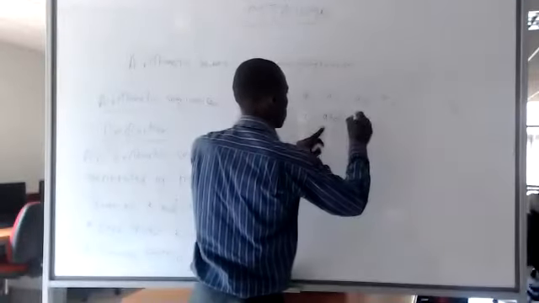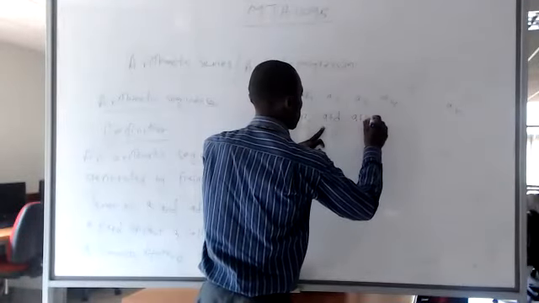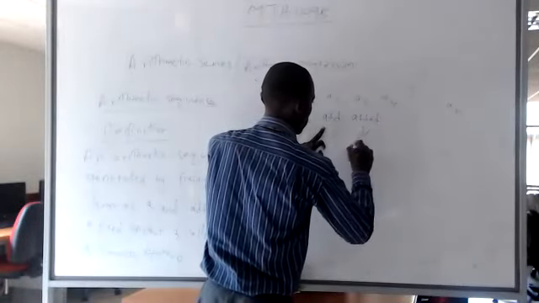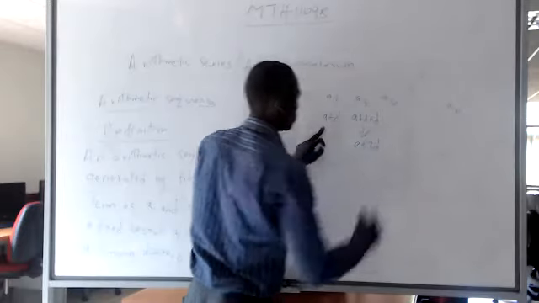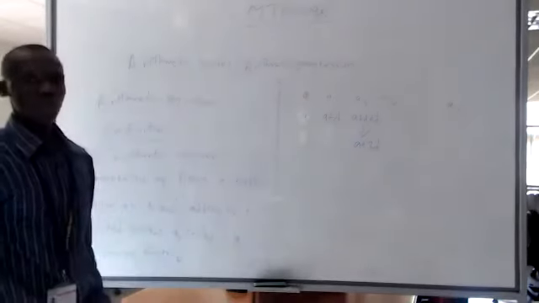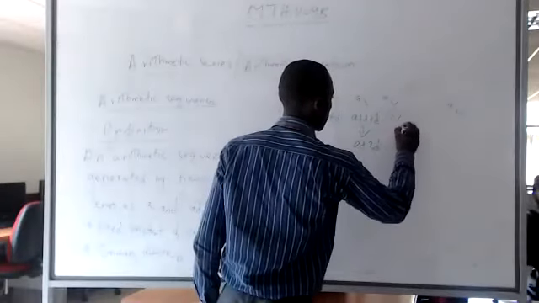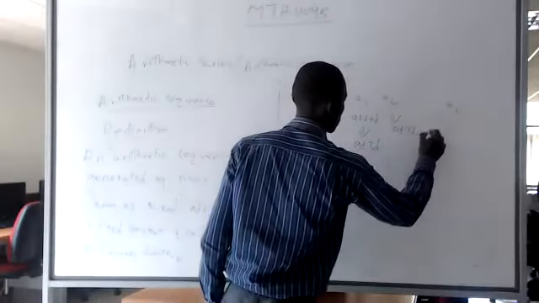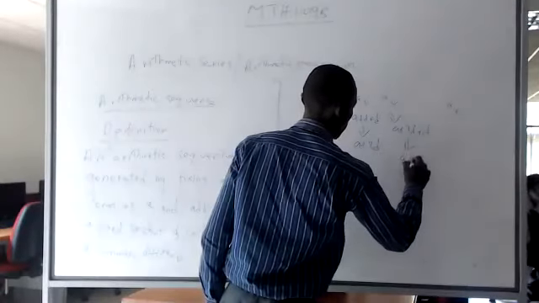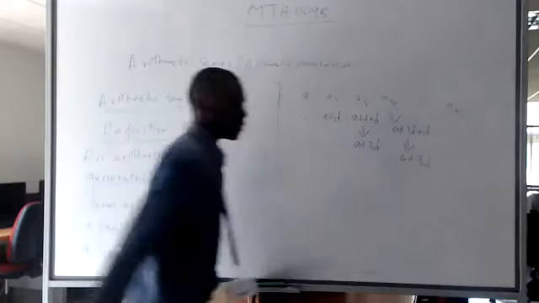So my third term will be A plus D plus D, which is just A plus 2D. My fourth term will be A plus 2D plus D, which is just A plus 3D.